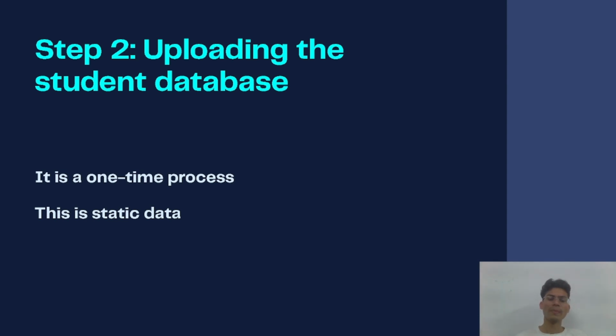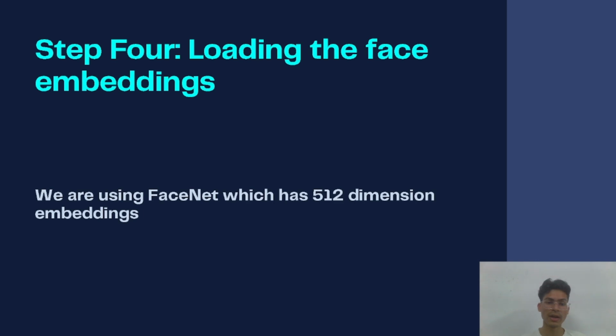Now we upload the captured image while using the app. The class image is uploaded in one go, and it is very simple for the professor. The professor does not have to upload these databases again and again, or load the face embeddings. These processes are already done when this is applied in a real app.